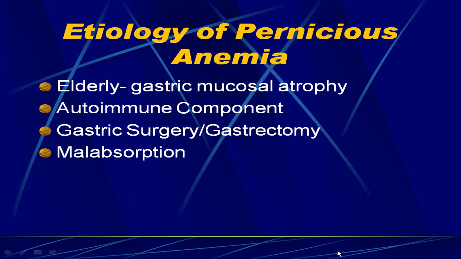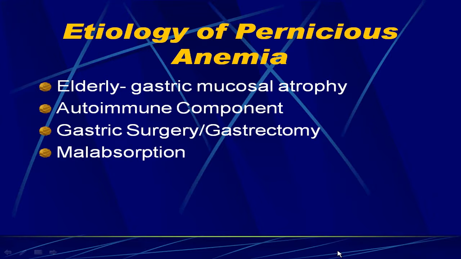And so the etiology of pernicious anemia: with the elderly person, not all people will develop this, they may develop gastric mucosa atrophy. Whenever something atrophies, it dries up. You may hear of a patient having muscle atrophy, and when the muscle atrophies, it shrinks and becomes smaller than it used to be.